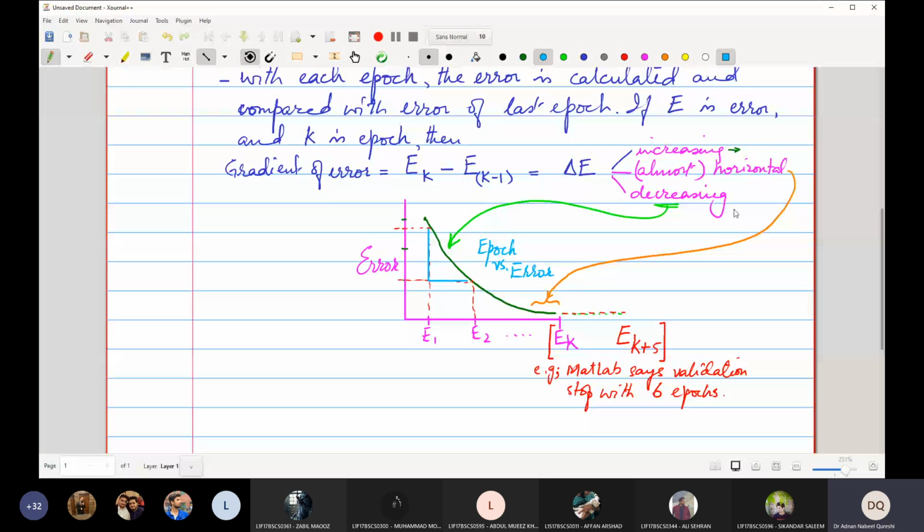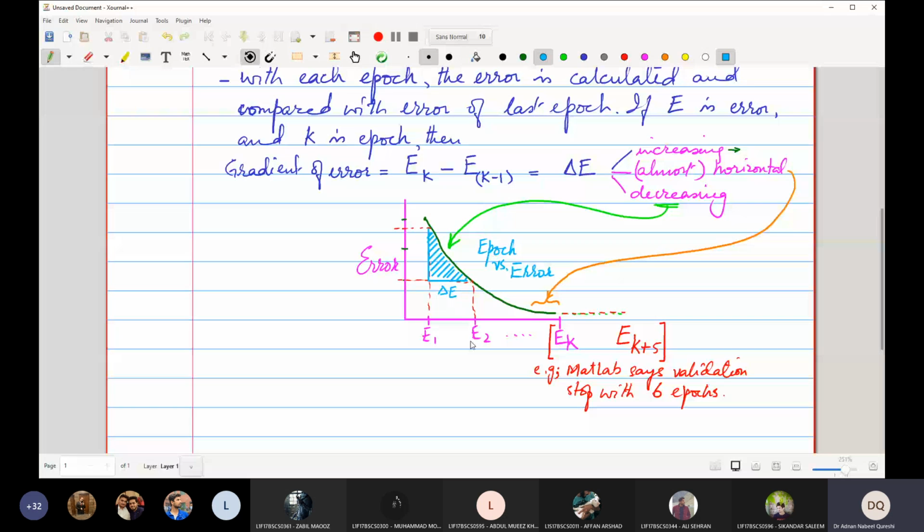Now, if there is a significant slope, then this information has to be propagated back to the previous layers, so that this error gradient we have obtained, this shaded blue, is the error gradient.